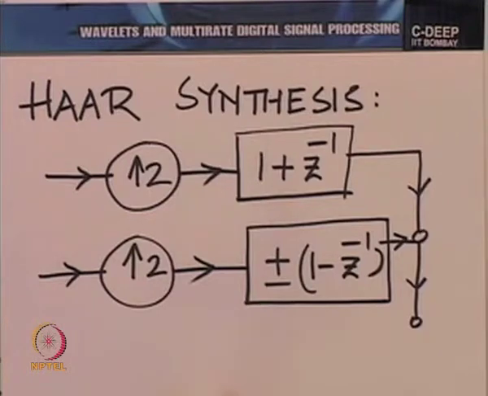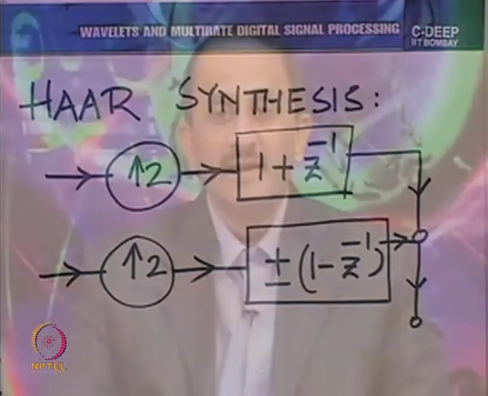What would the physical meaning of the ambiguity be? It would just determine where I place the sum sample and the difference sample. With a plus sign, the sum sample will get placed at the even locations and the difference sample at the odd locations. With a minus sign, it would be the other way around.